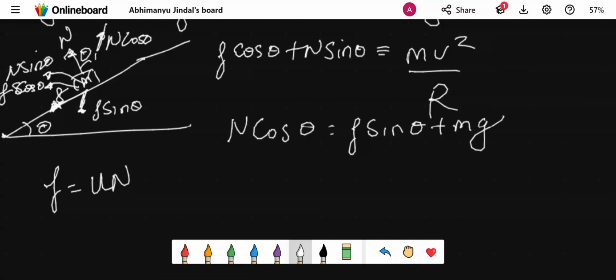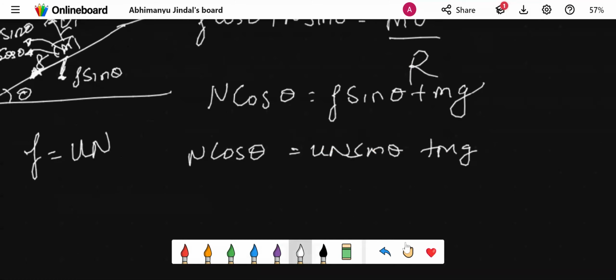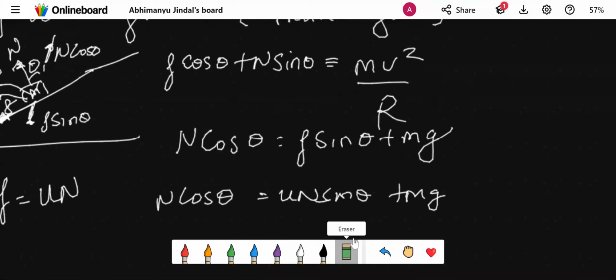Now when I replace f equals mu n, I get n cos theta equals mu n sine theta plus mg, and here as well, mu n cos theta plus n sine theta equals mv squared by r.